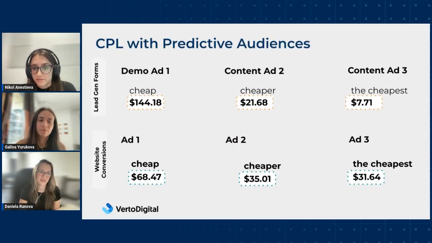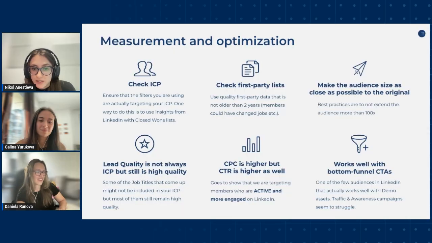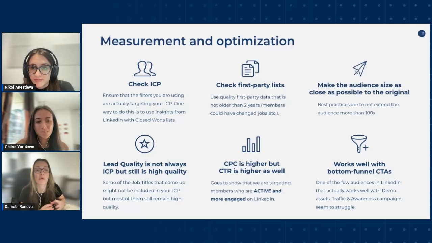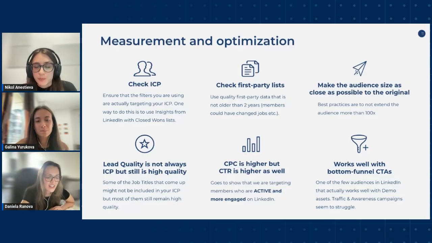Yeah. Thanks. Of course. And then moving on with all of this knowledge and experimenting that we've done, we've gathered a couple of points that we want to make. So firstly, it is essential to check your ICP.